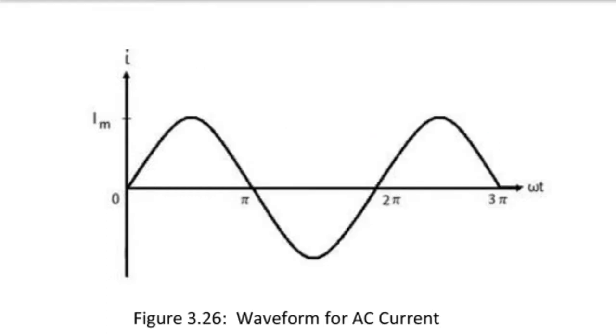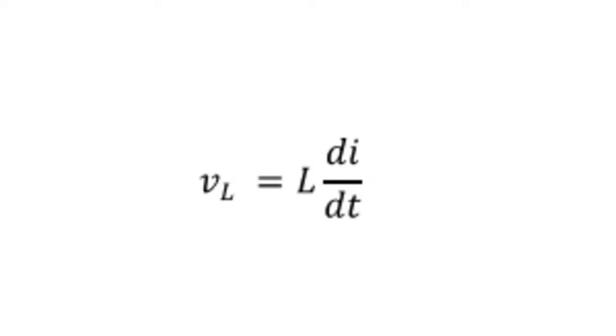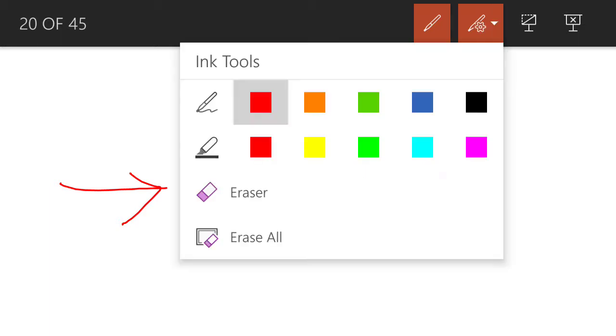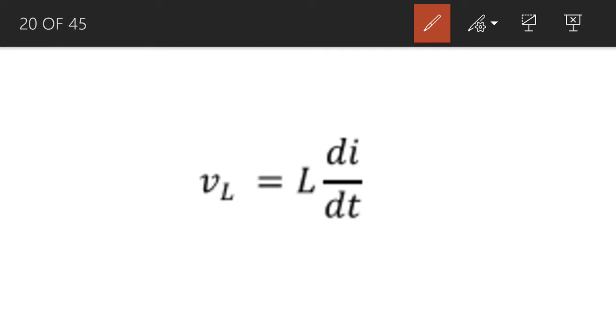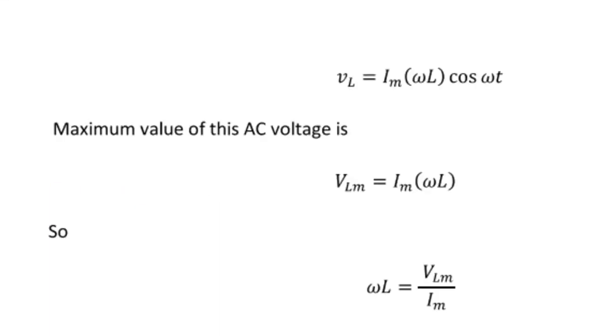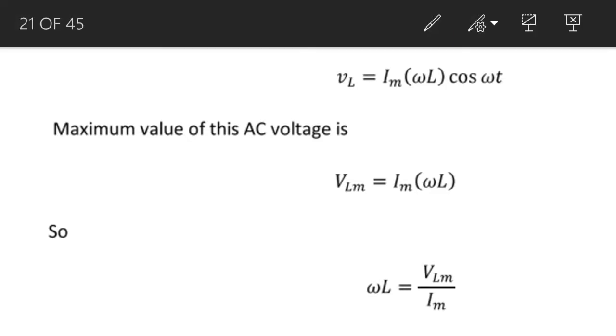So the AC voltage across the inductor is equal to L di by dt. So we can find out the AC voltage across the inductor with the help of this equation. So let us put the value of the AC current on the right hand side of this equation.